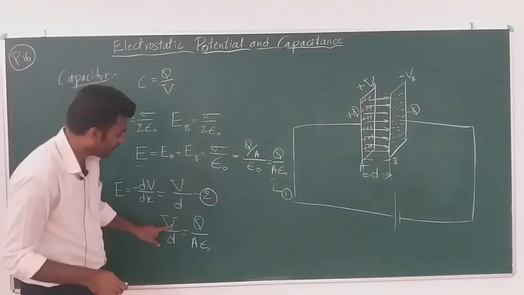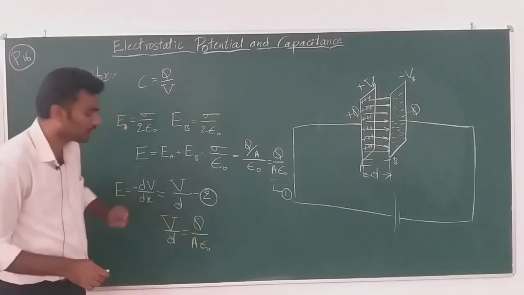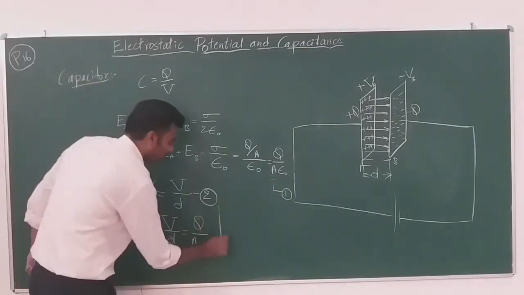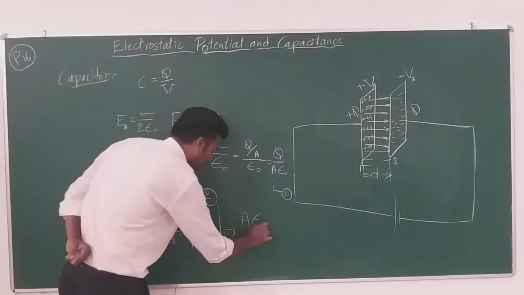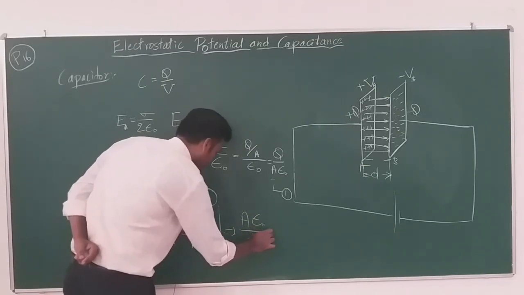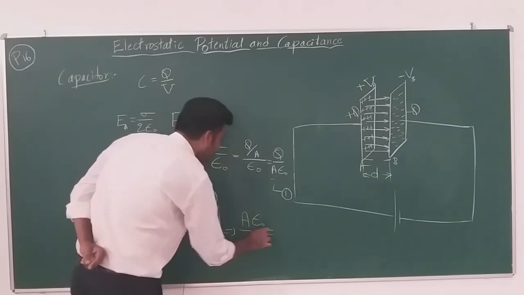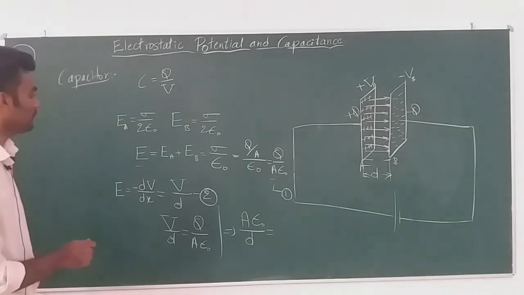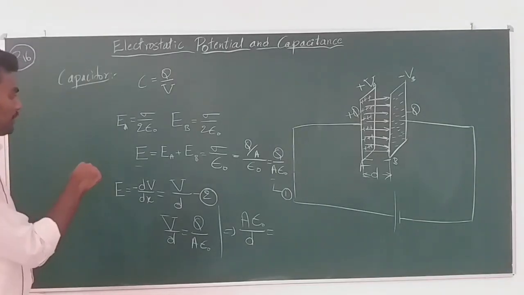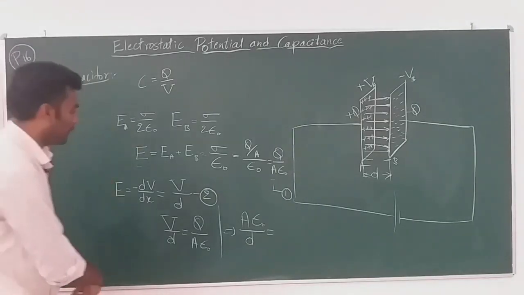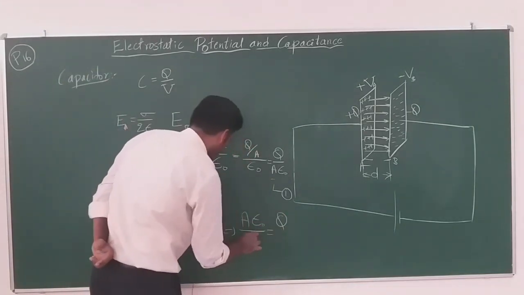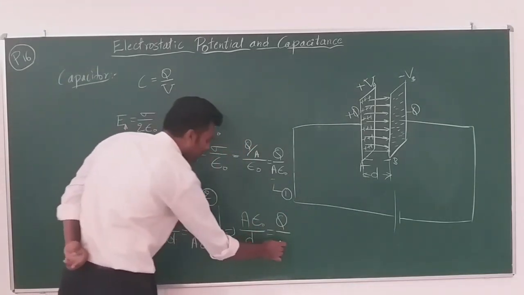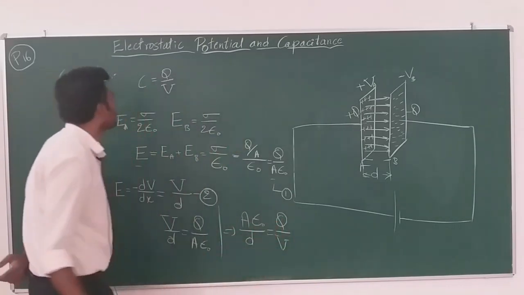Now let me send V here and A epsilon naught there, which gives us A epsilon naught by d is equal to Q by V.